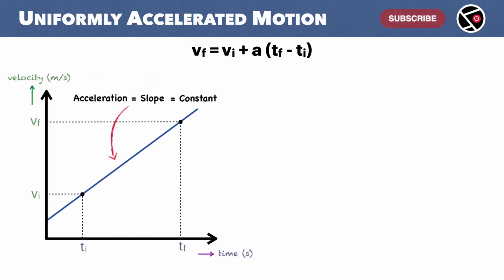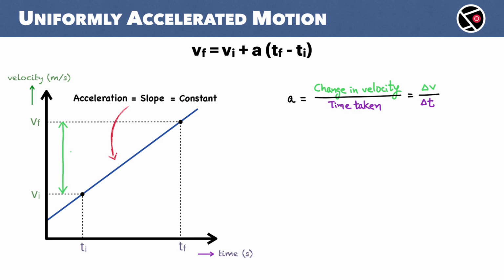On this plot, acceleration across any 2 points, these two in our case, is the change in velocity divided by the time taken for this change. A is delta V by delta t. Delta V, or the change in velocity, is Vf minus Vi.